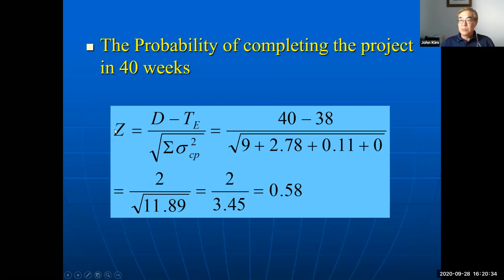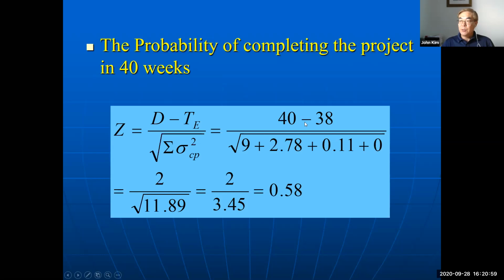z equals the desired asking time 40 minus the expected completion time 38, and then the same variance on the critical path 9 plus 2.78 plus 0.11 plus 0, and square root.